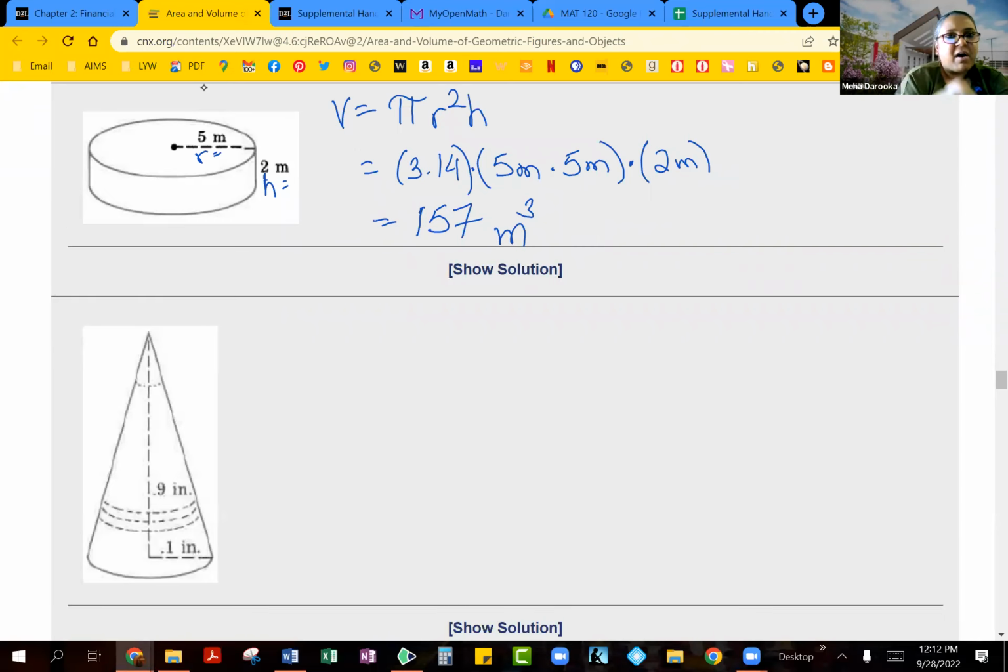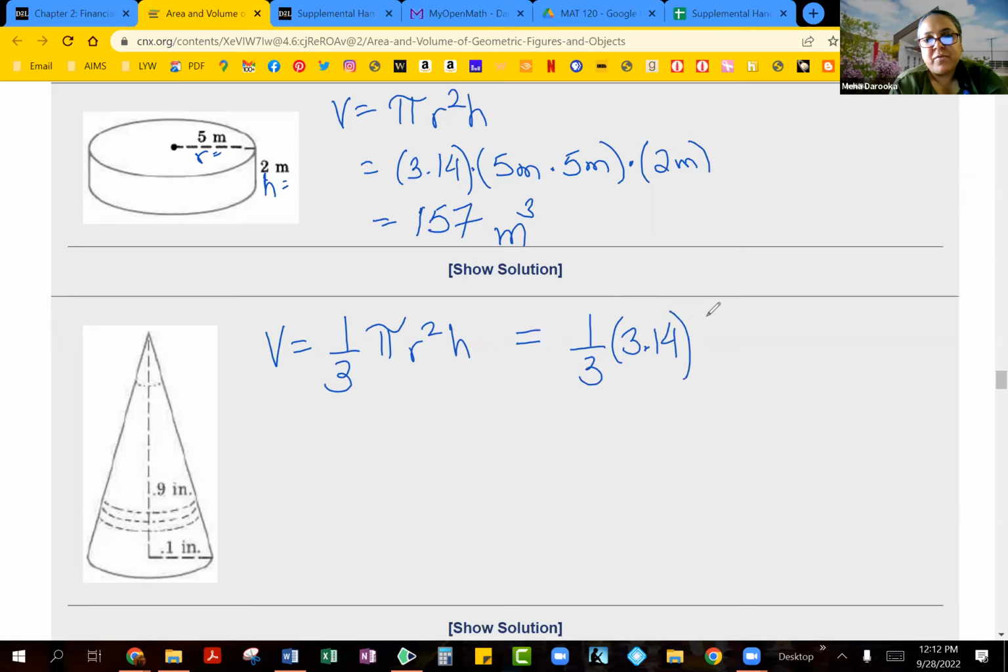And then we have our volume for a cone, which will be 1/3. And since you have a circular base over here, you are going to have pi r squared, because you take the area of the bottom and then multiply by the height of the shape, the pyramid or the cone. So this will be 1/3. Pi, of course, will be 3.14.